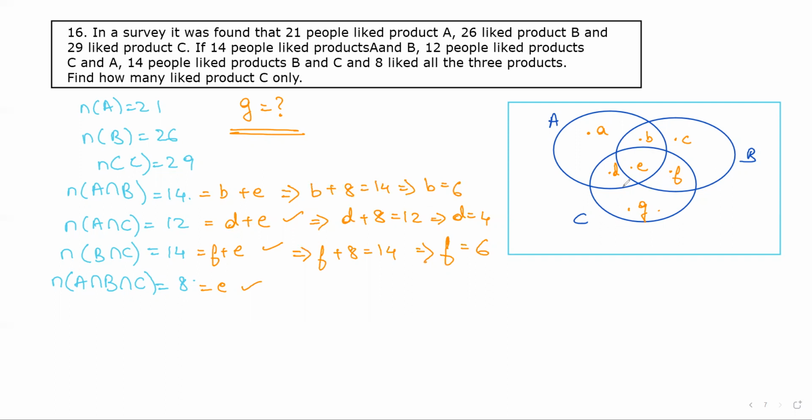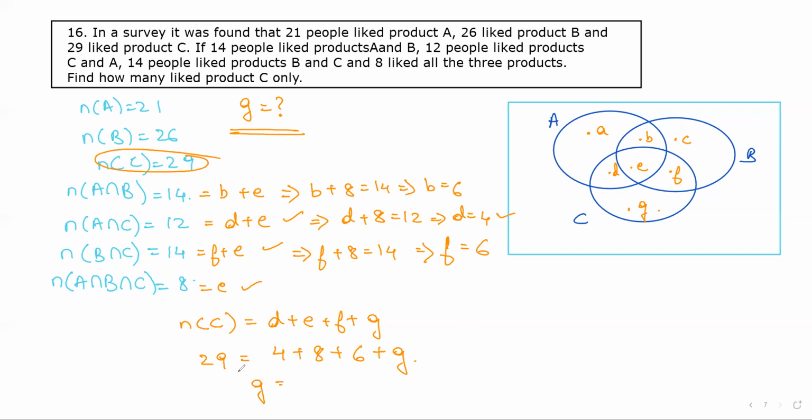Now what can we do? Number of people who like product C, you already have this value, 29. N of C can be written as D plus E plus F plus G, and this value is given as 29. D value you calculated as 4, plus E value you got as 8, plus F is equal to 6. G you're supposed to calculate.